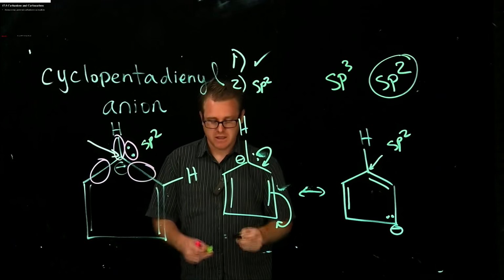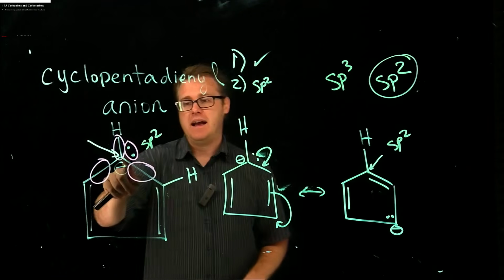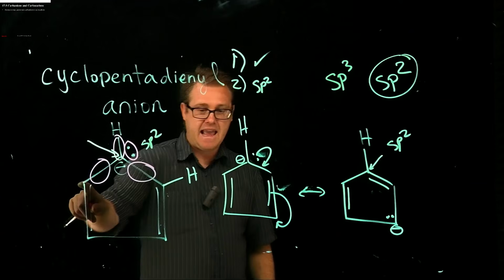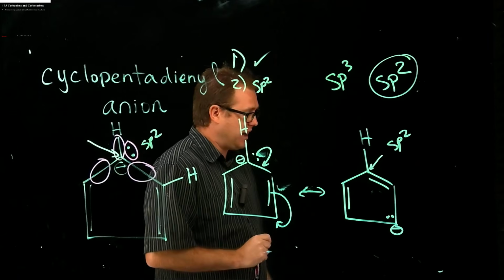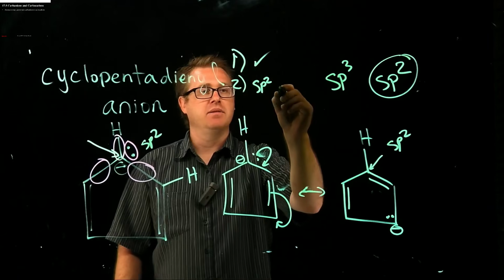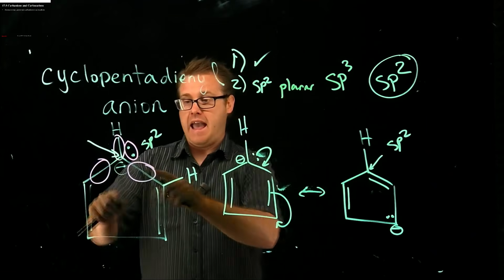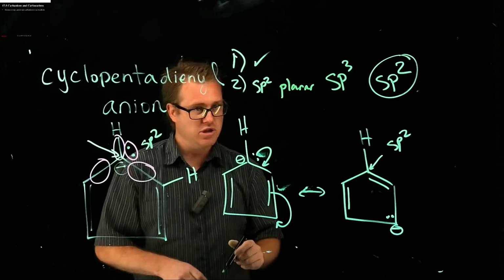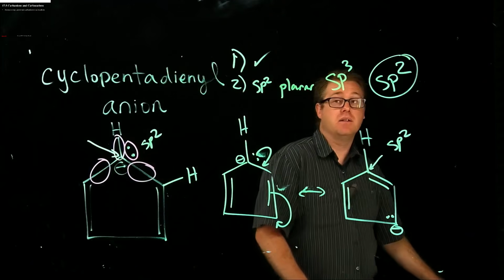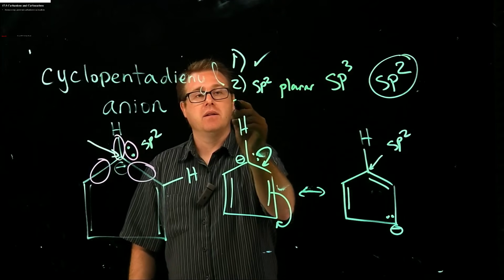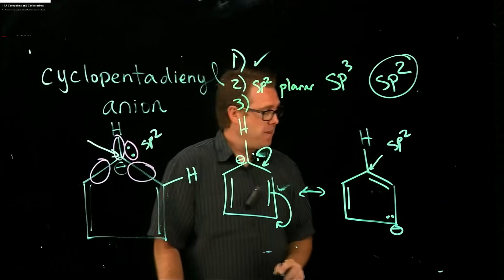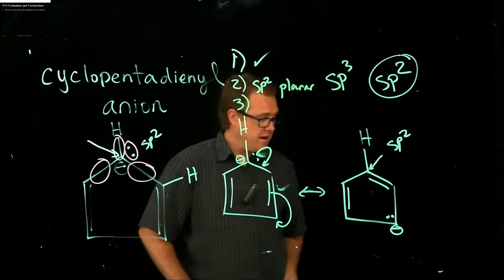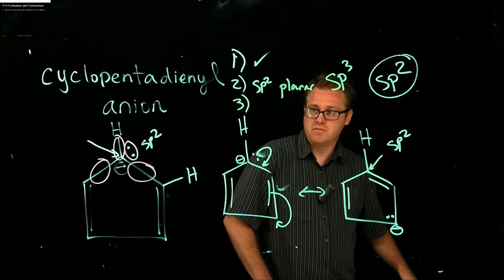All right. So that means that every single carbon in this anion is sp2 hybridized. So it is planar. And it's less than 7 carbons. So just off my rule, it's going to be planar. 3, okay. Is it conjugated with p orbitals?